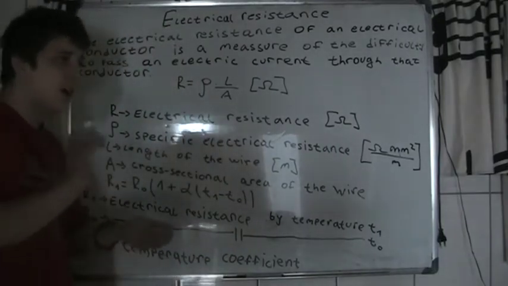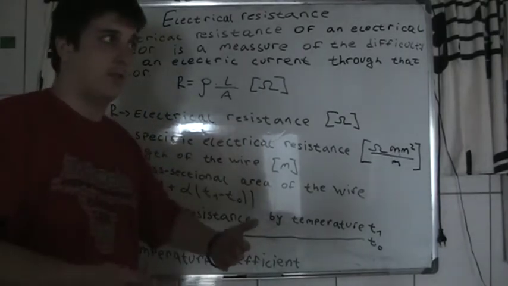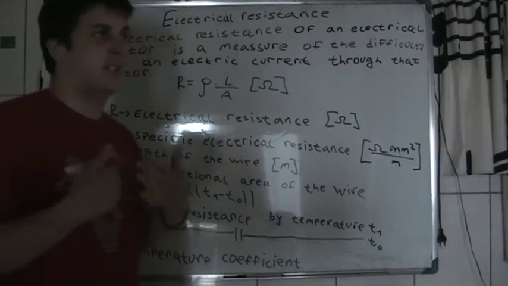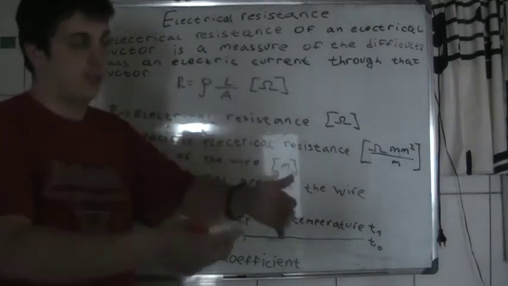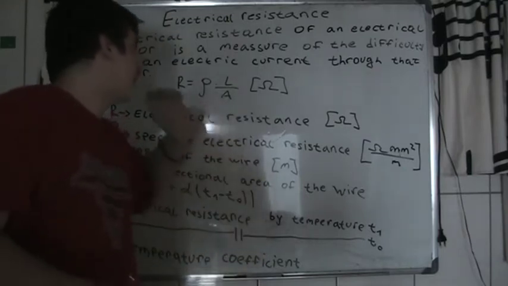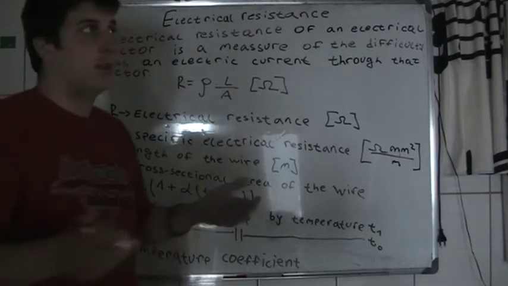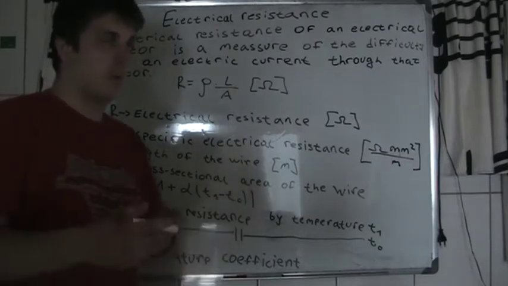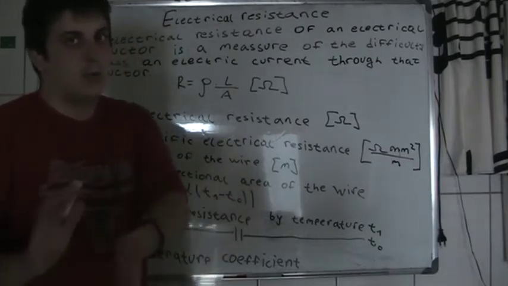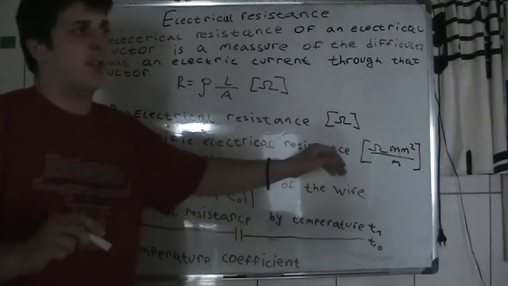So the longer the wire you have, the more electrical resistance you will have, and you won't have that much flow of the electrical current. But in my next lecture, on Ohm's law, you will see the connection between the electrical current, electrical charge, and the electrical resistance.